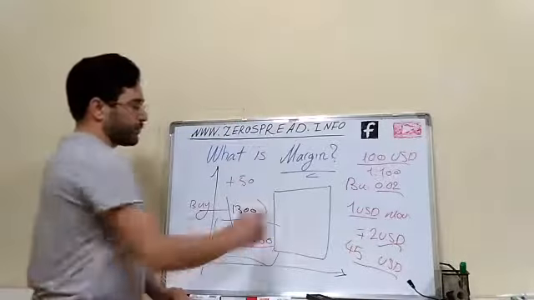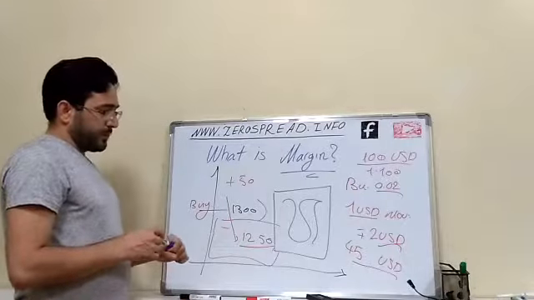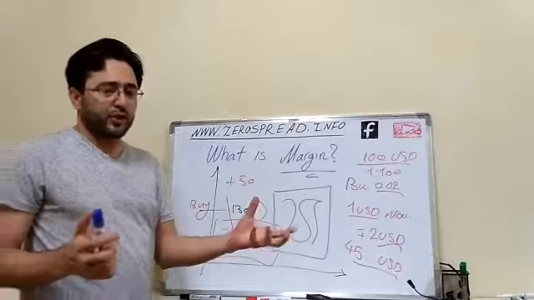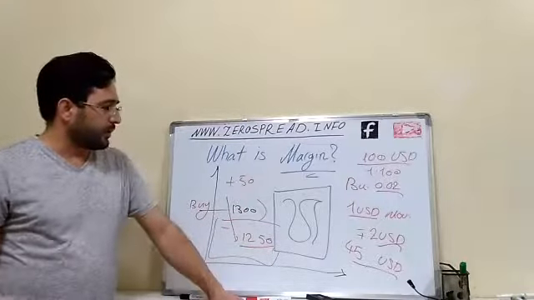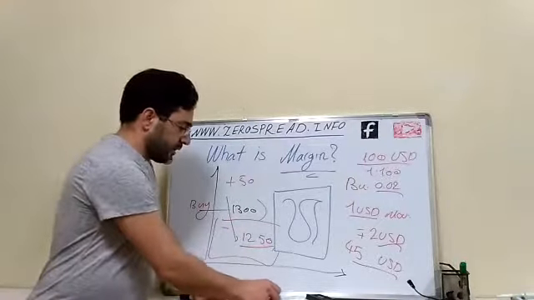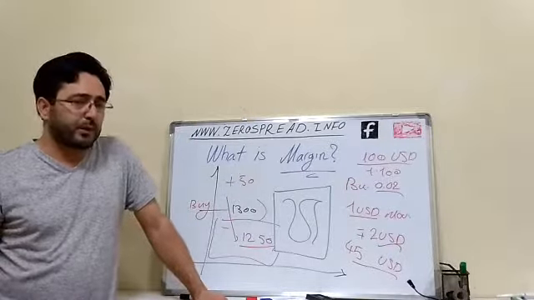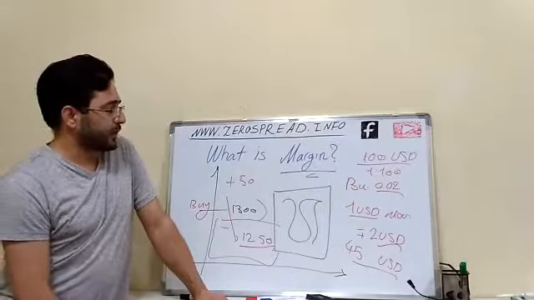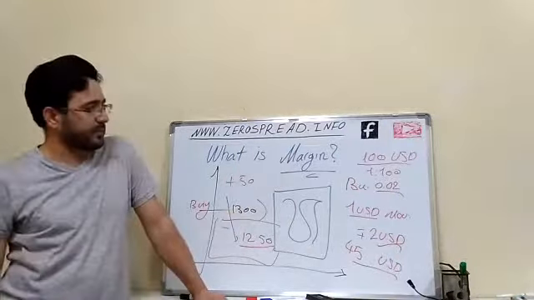I hope in a short way this explains what the margin is and how we can control it. In other videos we will talk about money management and risk management in our trades, but this example was to explain what the margin is.